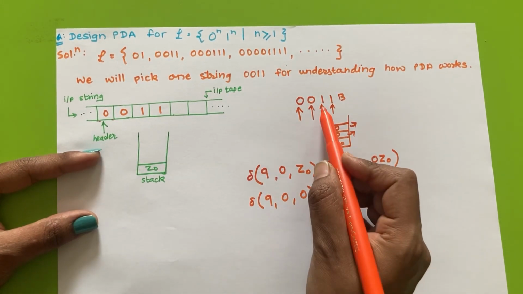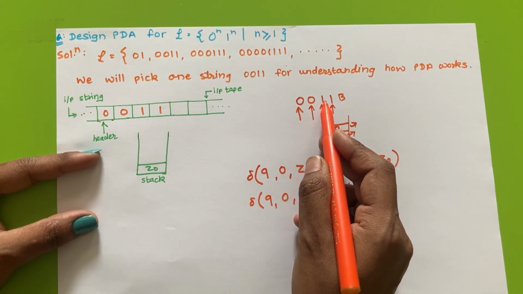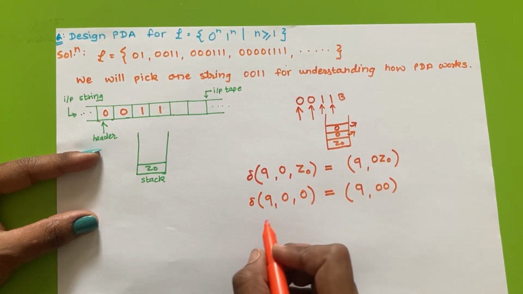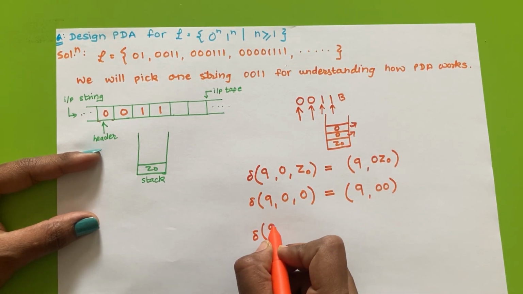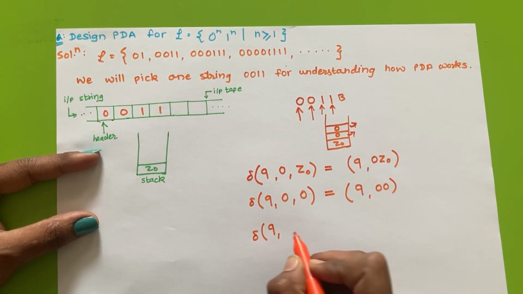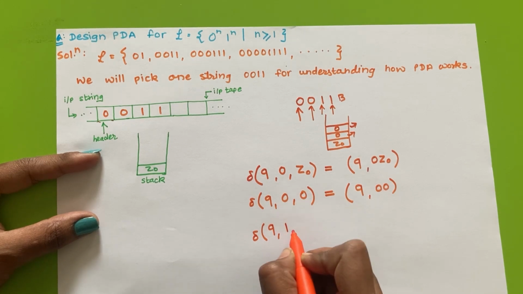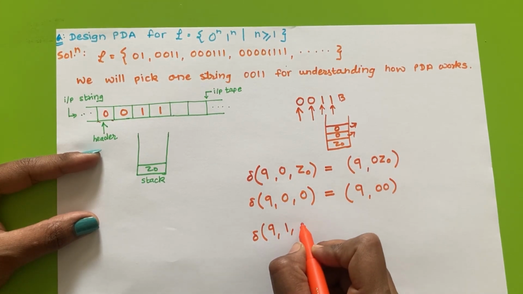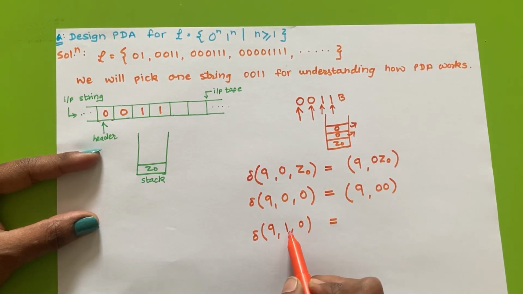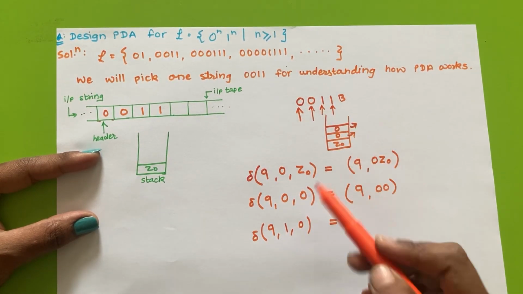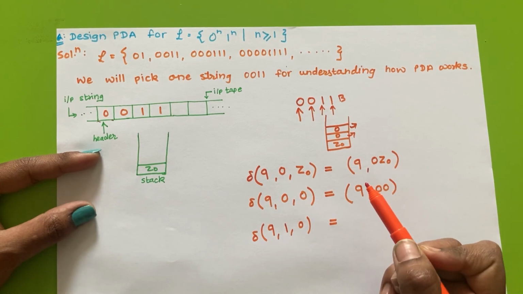Okay, now when I want to read 1, what will be the situation? We are in state Q and we are reading input symbol 1, and at that time the top of the stack is 0. So for reading 1, we have to perform a pop operation.